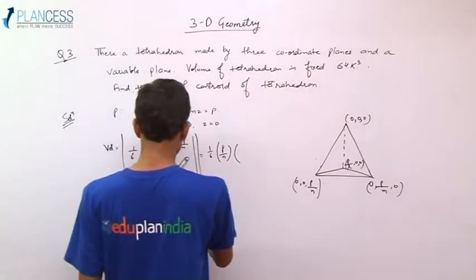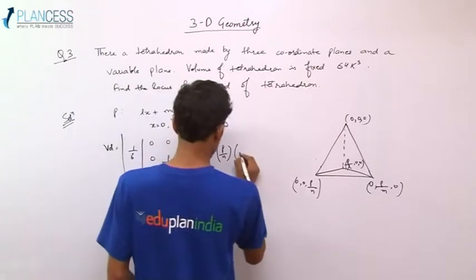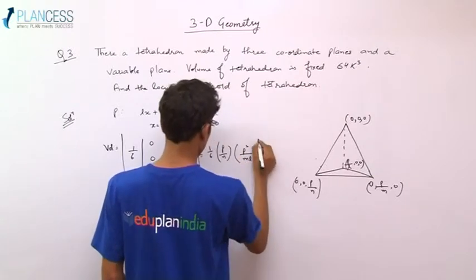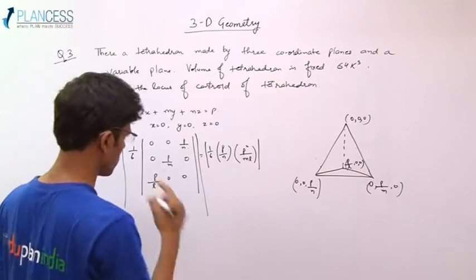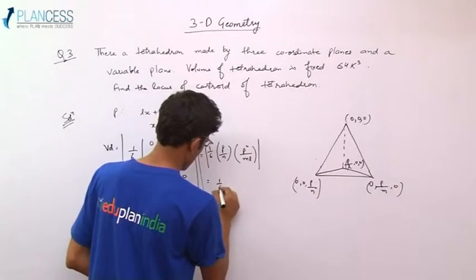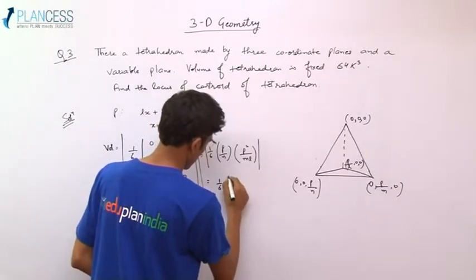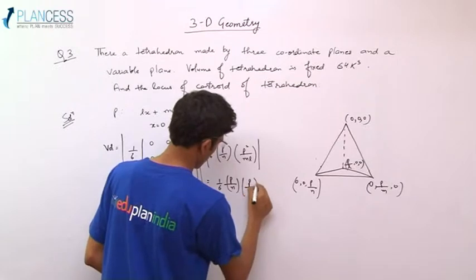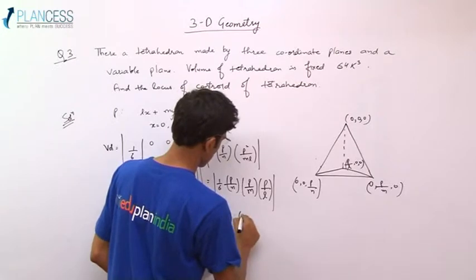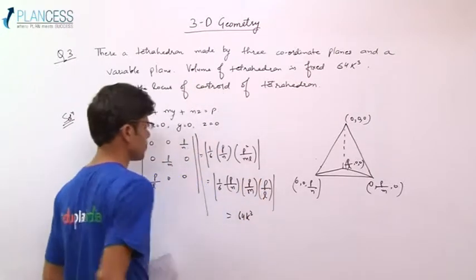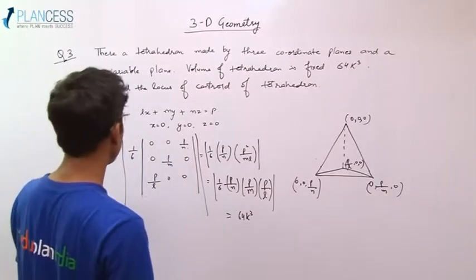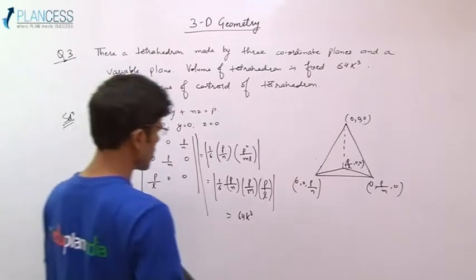So this is 1 by 6 p by n, and when we take the modulus, it is p square by ml whole mod. So this is 1 by 6 p by n, p by m, p by l mod is 64 k cube. Okay, so this is the volume, and let us find the centroid.